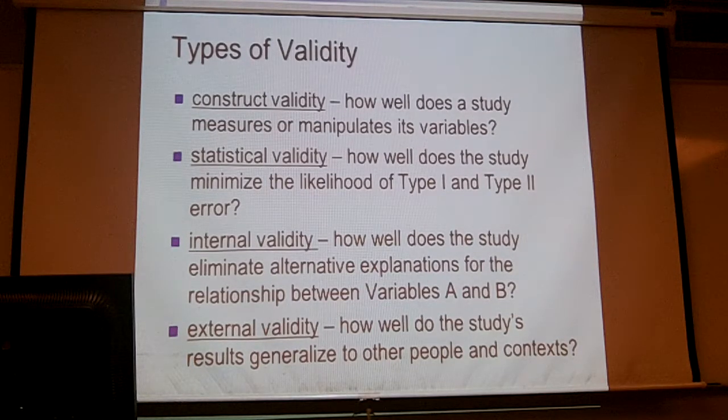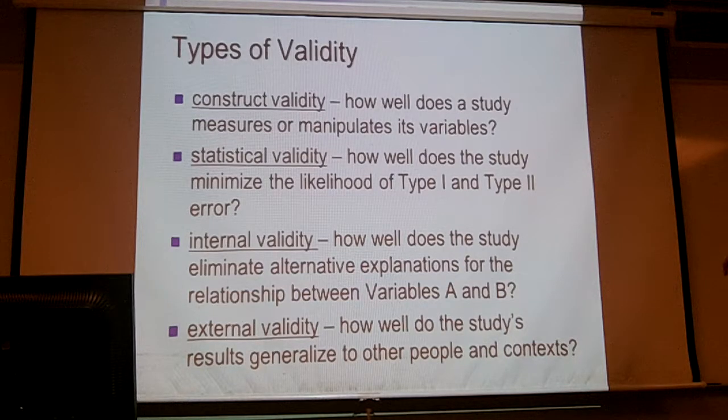It's not reasonable for me to say, well, I'm going to measure depression in terms of speed with which you can make tuna salad. It doesn't make any sense. Of course, nobody would ever really do that, but it's not reasonable. So construct validity has to do with the variables themselves and whether or not they are good variables for exploring the topic that the researcher is investigating.